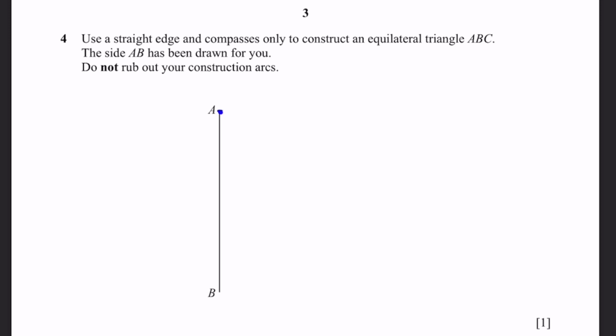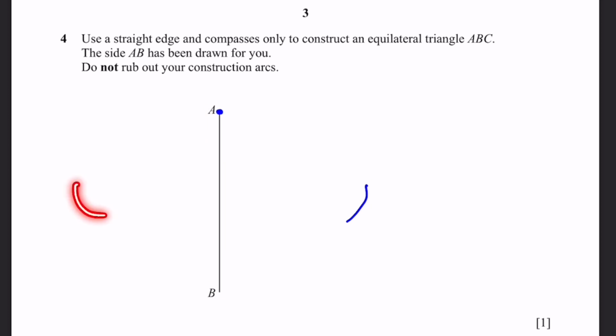First, we place the compass point at A and measure the length AB on the compass. Next, keeping that same length, we draw an arc from A, on the right of this line here.